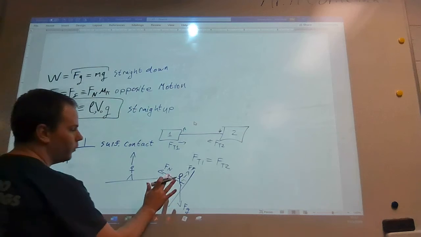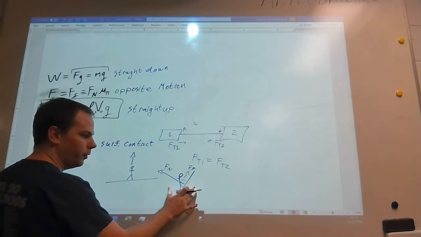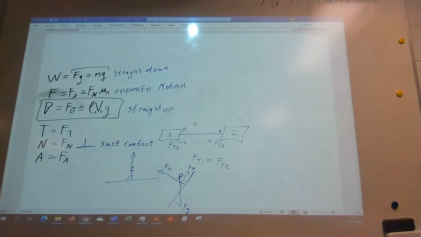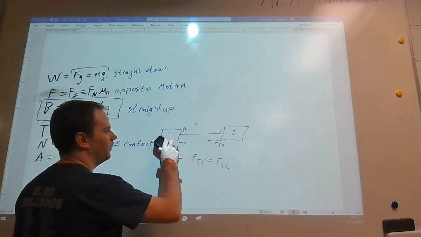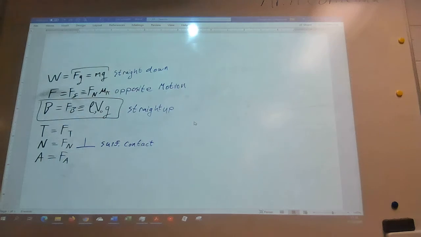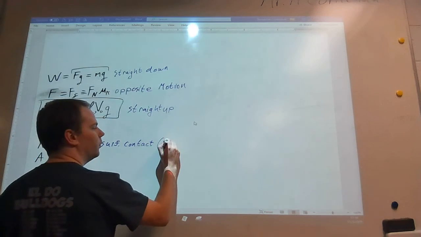This does not become super important until after we get to tilted problems, but it's an important definition that you need to know. Okay, normal force is defined as the force of support, and it is always perpendicular to the surface of contact. I should add that. Support force.